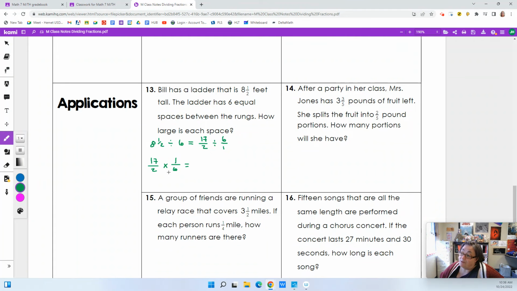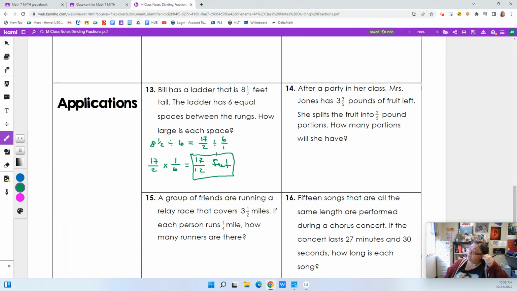It's easier to multiply 2 times 6 than 17. 17 times 1 is 17. 6 times 2 is 12. And that is a good enough answer. Your space is 17/12 feet. Do I have to make that into a mixed number? No, I don't. You can leave it as an improper fraction.